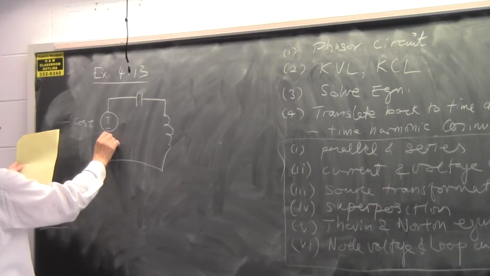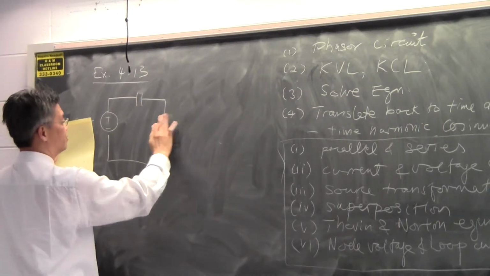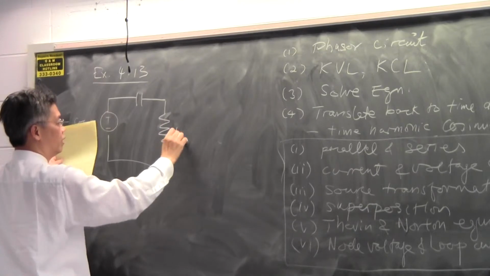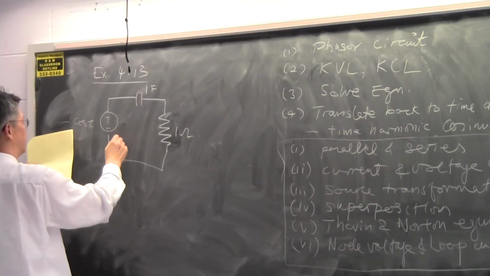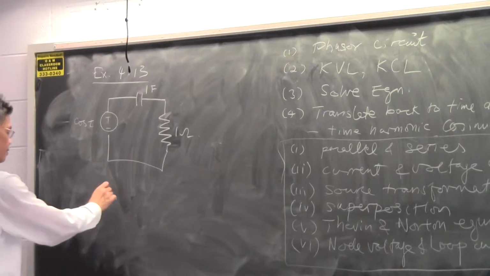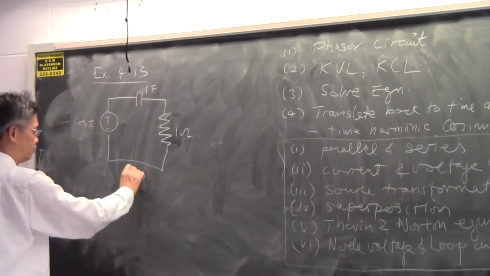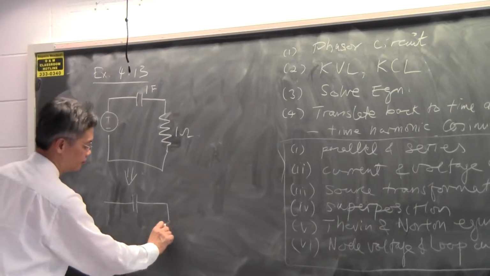This is a resistor, sorry, 1 ohm. And this is 1 farad. This is a capacitor. And then the first thing I need to do is to find the phasor form of this circuit. Okay? So if I find the phasor form, this would be something that looks like this.